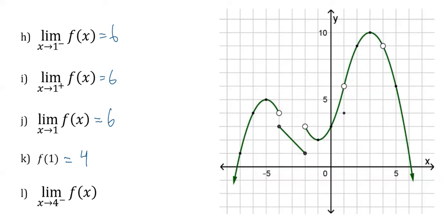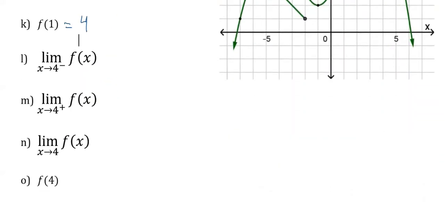Okay, and that is something that can happen in real life. That's a possibility. So again, that's a nuance of limits. Don't be fooled: the value of the function at that point doesn't have anything to do with it. It's just what it's approaching from the left and from the right.